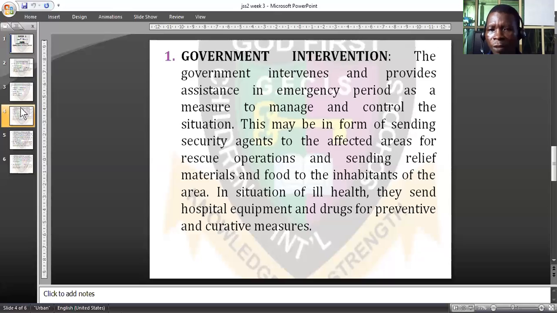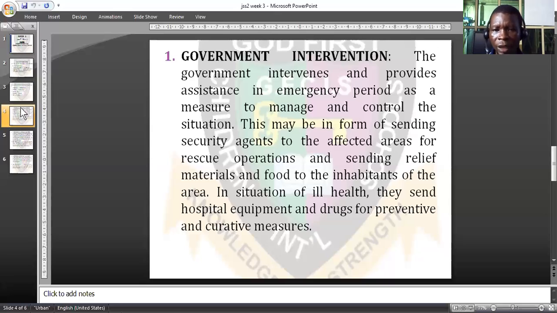This can be in form of sending security agents to the affected areas for rescue operations, like the NEMA, National Emergency Management Agency. They try to manage the emergency situation. They go to where there's emergency in order to rescue the people. So they are government agents on emergency situation.